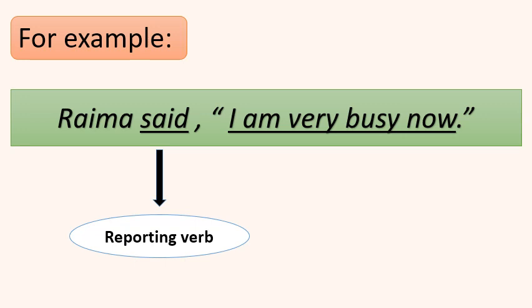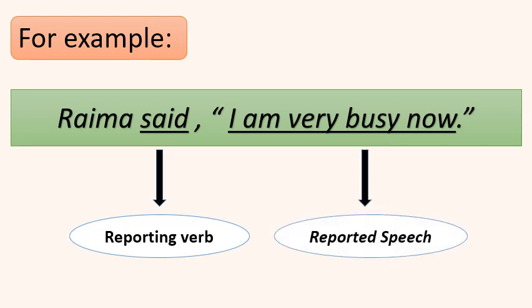And here, I am very busy now is reported speech. And what do you mean by reported speech? The exact words of speaker which are put within inverted commas or quotation marks are called reported speech. So this is the difference between reporting verb and reported speech.